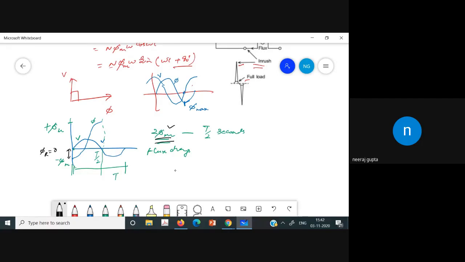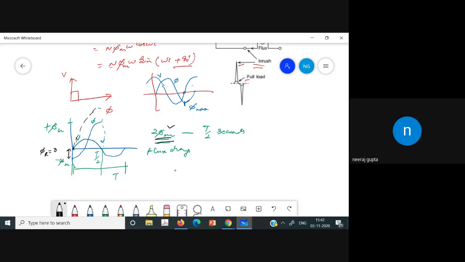However, when we start the transformer from here, in that case the rate of change must remain the same, and it must cover 2 phi m in this particular time. It means that the rate of change of the flux remains the same.